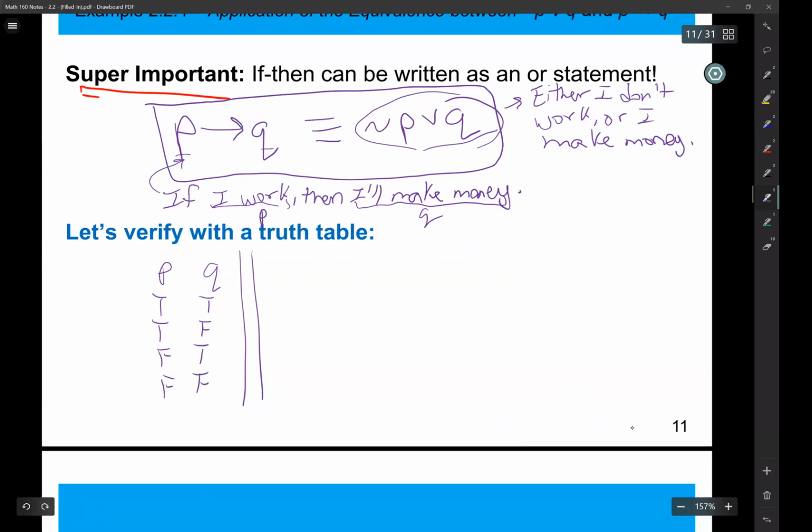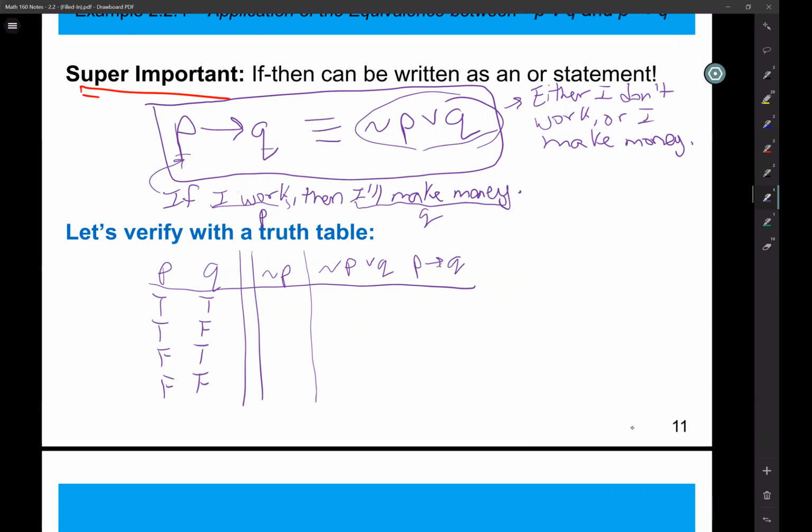And then up here, what are our building blocks? We have not P, so we need not P, and then we need not P or Q. And then we need one more, which is this last one, P implies Q. So let me separate that here, and then P implies Q.